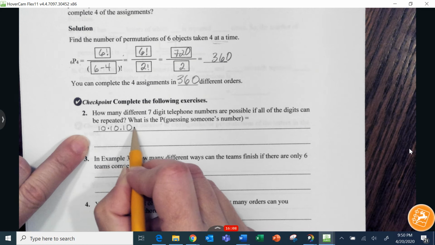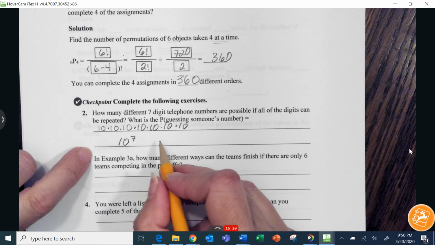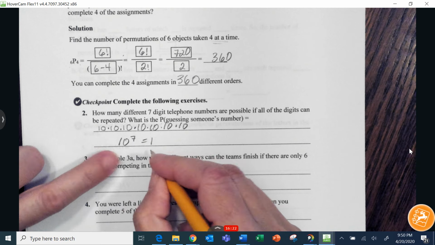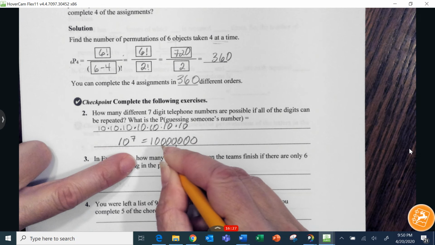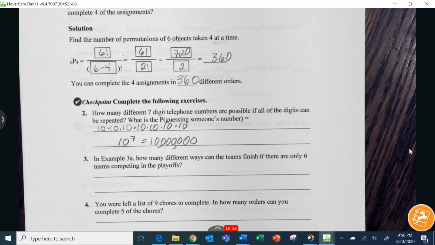We're going to have 10 to the 7th for the different phone numbers, which is 1 and 7 zeros. So 10 million different phone numbers can be chosen.